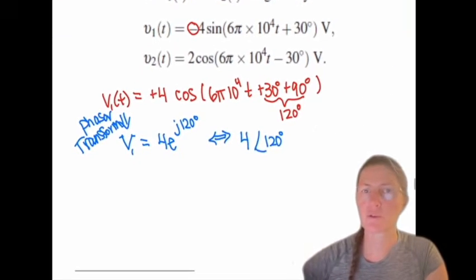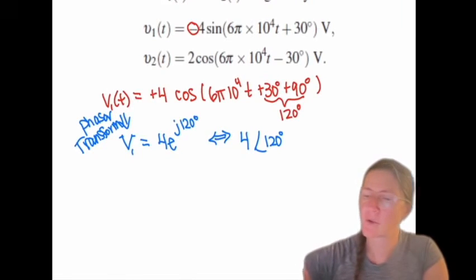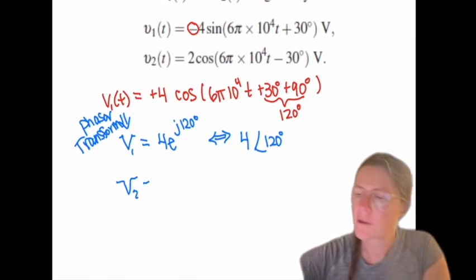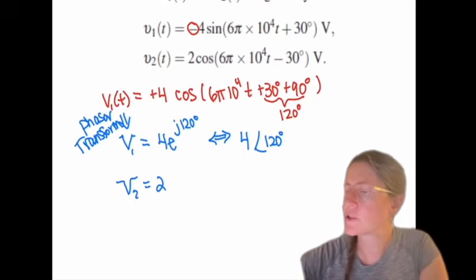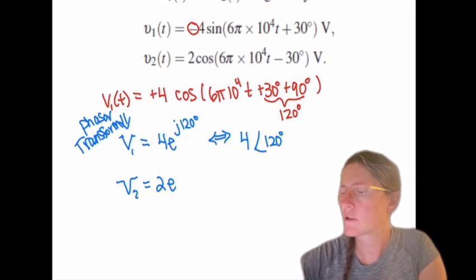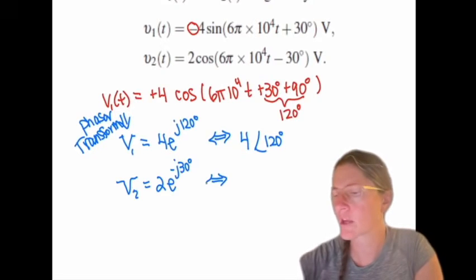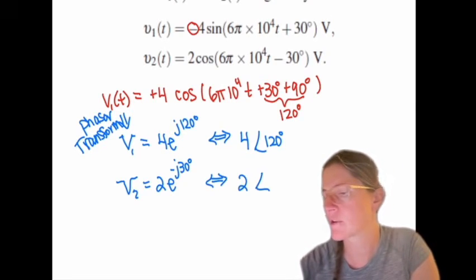For V2, it's already in the cosine form, so our phasor here is going to be 2e to the negative j30 degrees, or again with the angle sign, 2 angle negative 30 degrees.